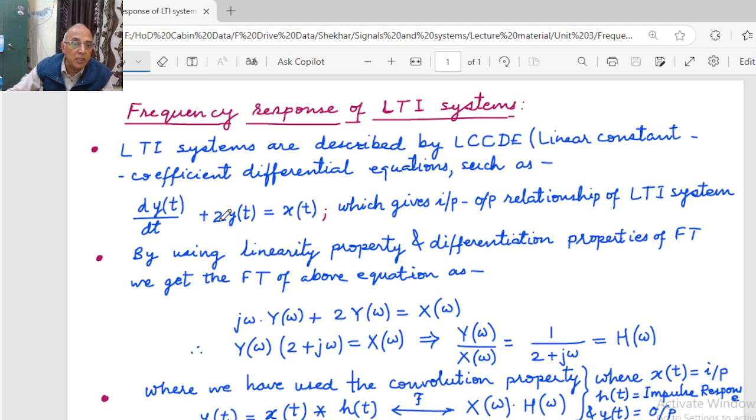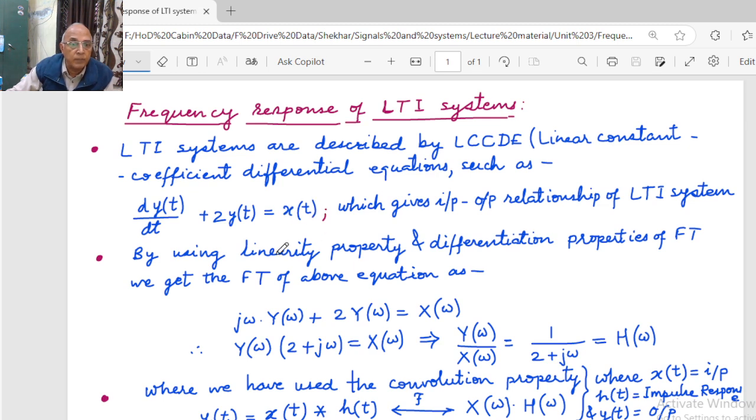We can solve it in a classical manner, and we can also solve it using the Laplace transform. Another way is solving the same thing using the Fourier transform. So we will now try to explore the Fourier transform to solve this equation, first for finding the frequency response, and then finding the output for some arbitrary input.